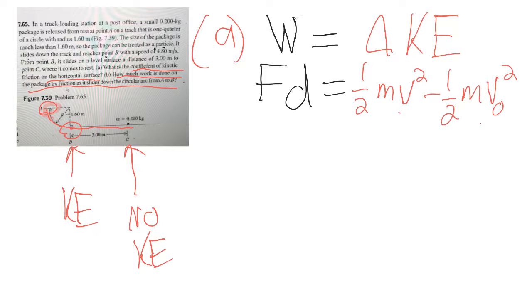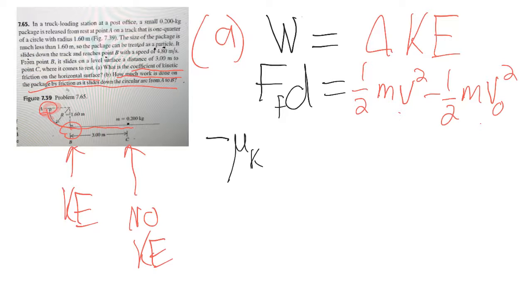Now, what force was it that did the work? The force of friction. So I'm going to put that on here. We have an equation for that, but it's opposed, so it's going to be minus mu, the coefficient of kinetic friction, times the normal force.